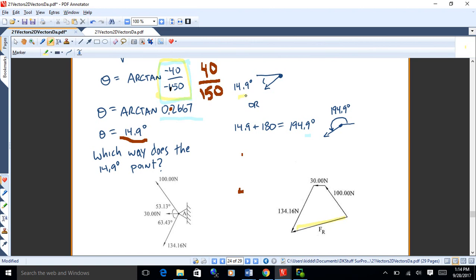So, you know, you could say it is 14.9 degrees, but it's down left is what it is. You could also, if you want to be more formal about it, add 90 and 14.9 and get 194.9. I kind of like this method here because it's pretty unambiguous. You know, I got a sketch, shows an arrow and a labeled dimension. It's pretty clear what's going on with that, okay?